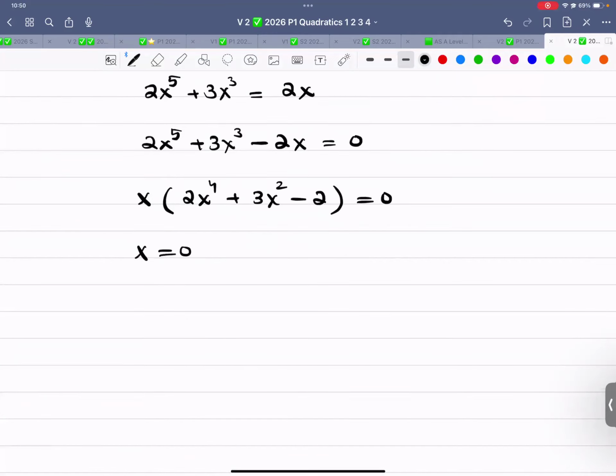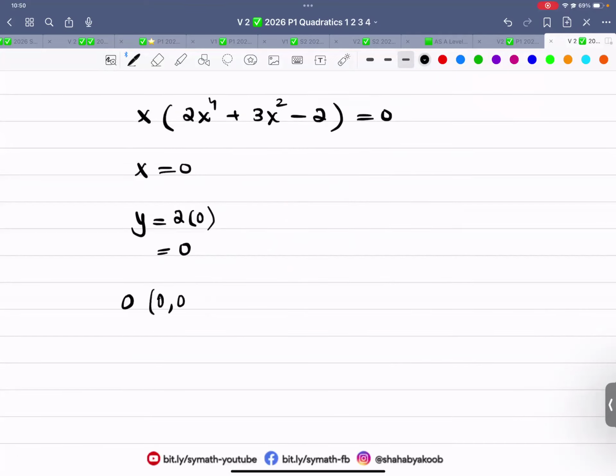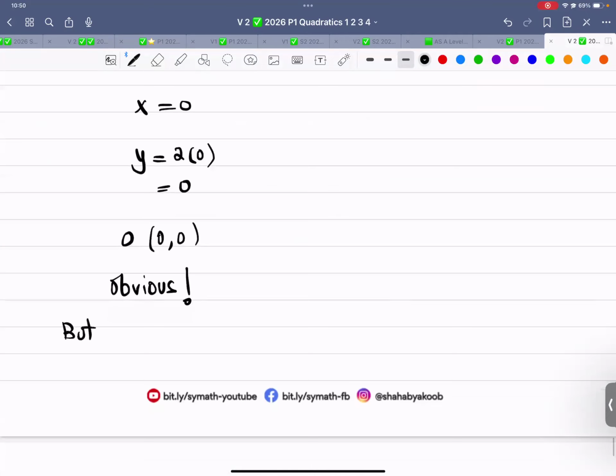That means x equals 0. That is the origin. When x equals 0, y equals 2 times 0, which is 0. So O is the origin. That was very obvious, but still show all steps.